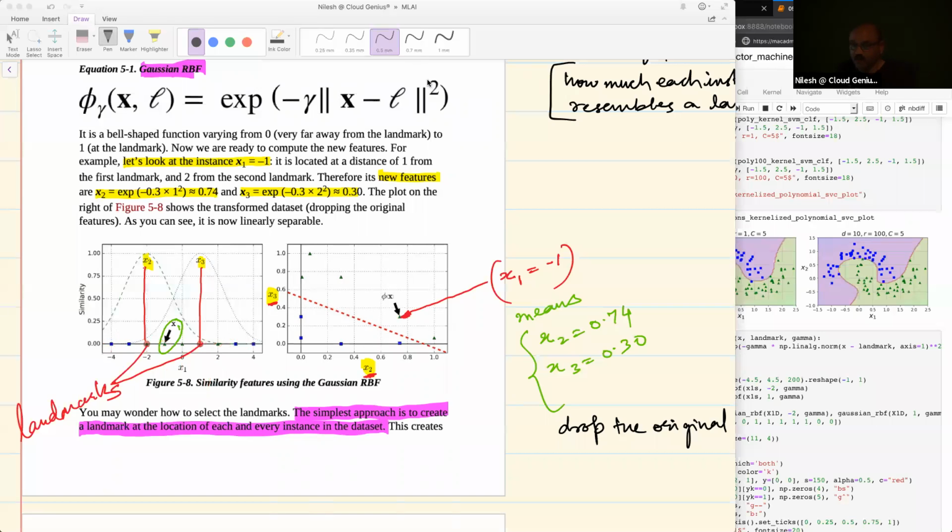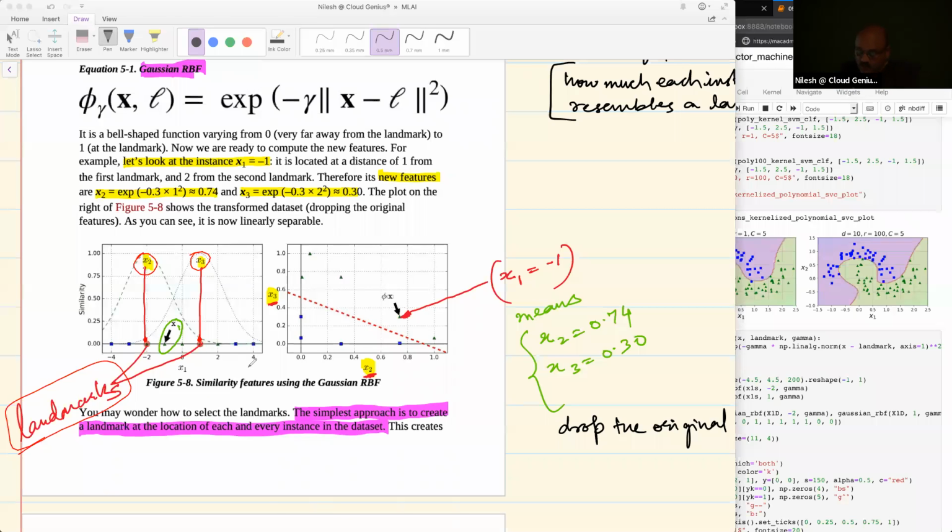What we need to be doing now is assign landmarks. And these landmarks that I'm assigning are going to be at this point right there, and at that point right there, 2 landmarks. And then we'll try to calculate the similarity function against both these landmarks.